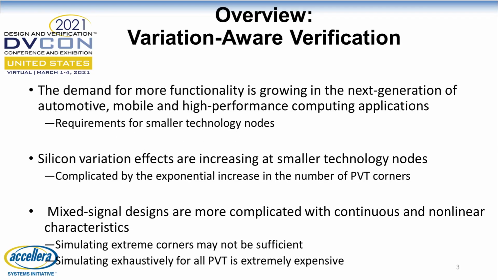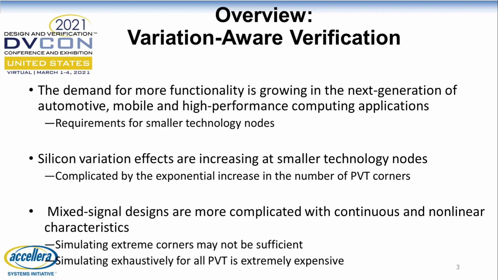Thank you, Sumit. So, why do we need to care about variation-aware verification? As you know, next-generation automotive, mobile, and high-performance computing applications demand the use of smaller nanometer-scale SoCs to deliver more functionality and higher performance at much lower power.